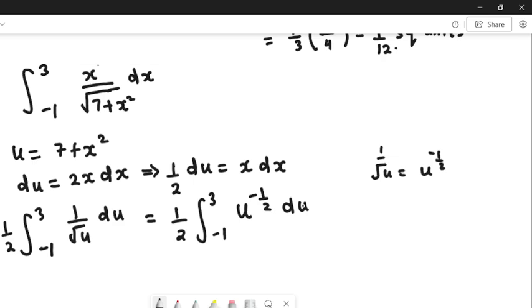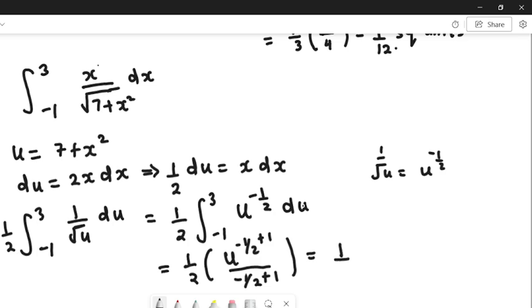So when we are integrating, you're going to get a half times u to the power negative a half plus 1 over negative a half plus 1. Negative a half plus 1 is just simply a half. So you're going to get a half times u raised to the power a half over a half.